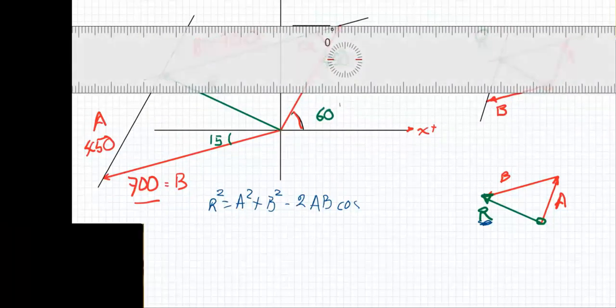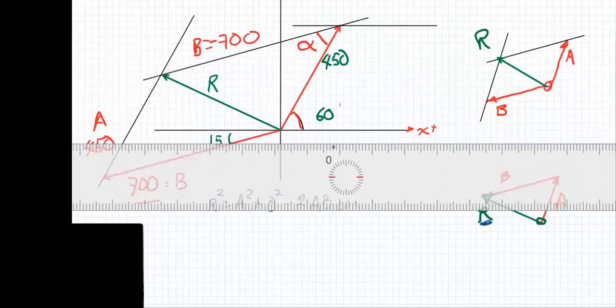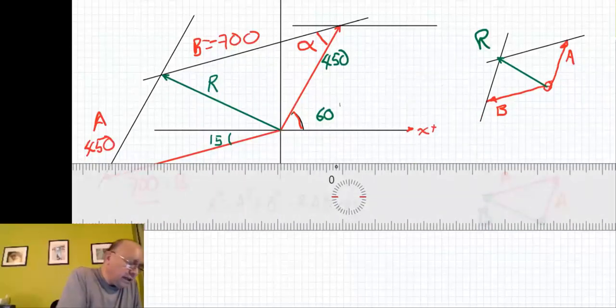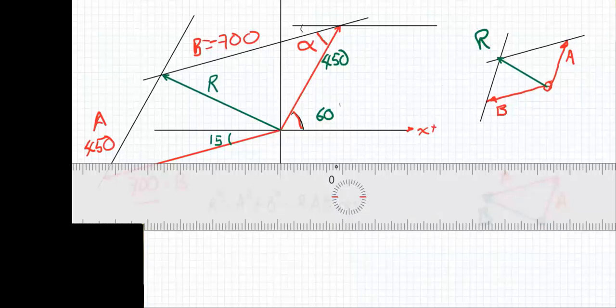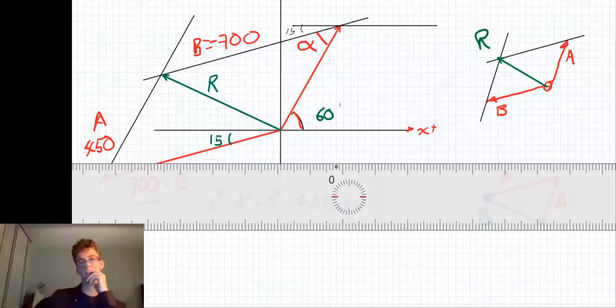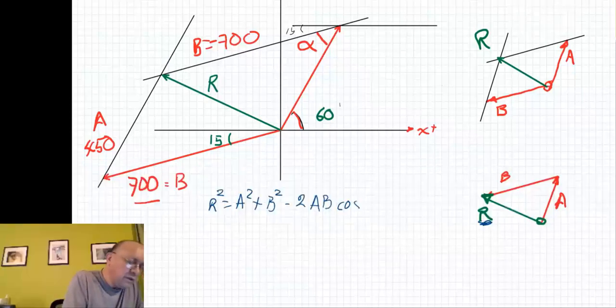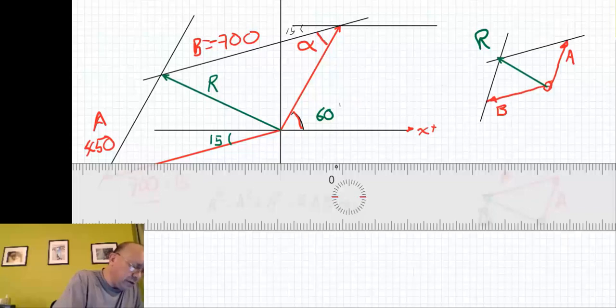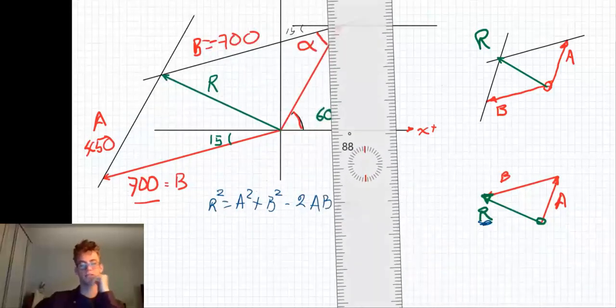Many ways. Let's put this auxiliary line here. With that line, I know that this angle is 15, right? Someone said 45, someone said 75. Yeah, 45. I guess so.